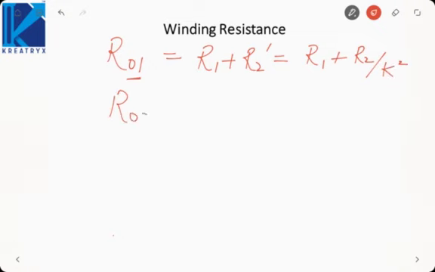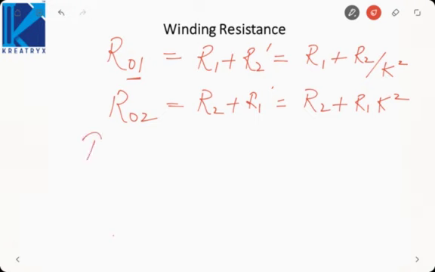Similarly, in the secondary winding, we can write the resistance as R2 plus R1 dash, which is R2 plus R1 into K square. This is the equivalent resistance referred to primary, or the equivalent resistance referred to the secondary winding.